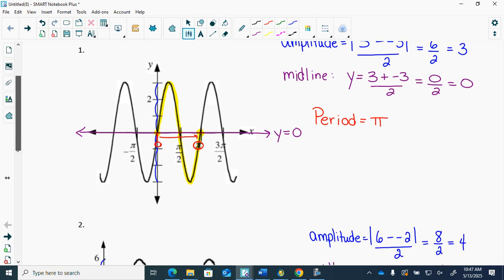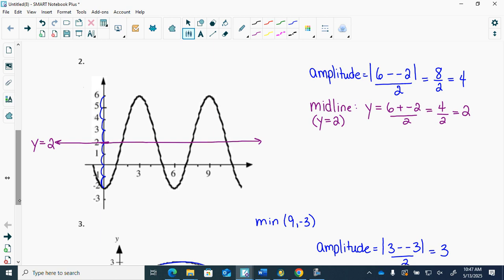Okay, let's look at 2. So, I start on the y-axis. The y-axis happens to be a what? A minimum, correct? So I'm going to go till I go to a what? Another minimum. If I go to a maximum, I'm going to have to times by 2, correct? Because a min to a max is not the whole period, it's half of a period.